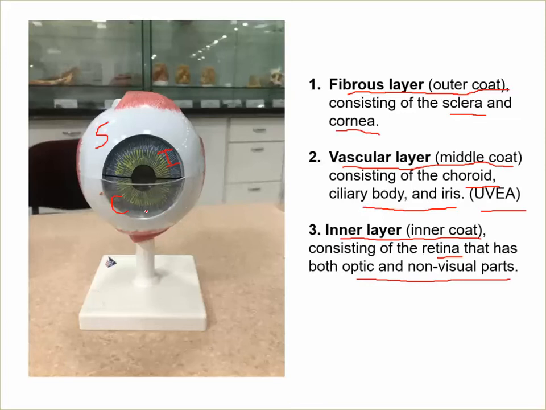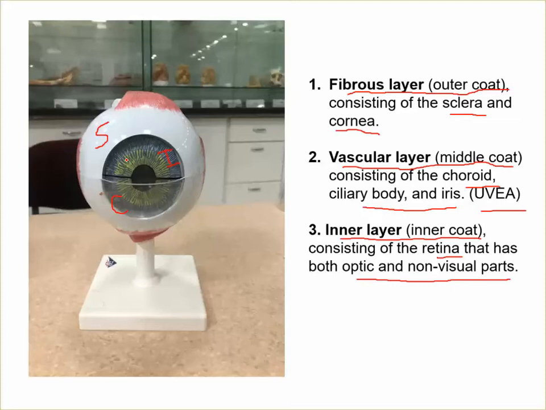We can see this from this view here. We can see the sclera, which is the white one, and the transparent one is the cornea, and this is the iris, which gives the color to your eye. It is made up of muscles, the sphincter pupillae and the dilator pupillae.